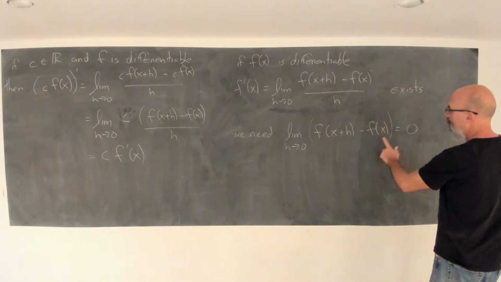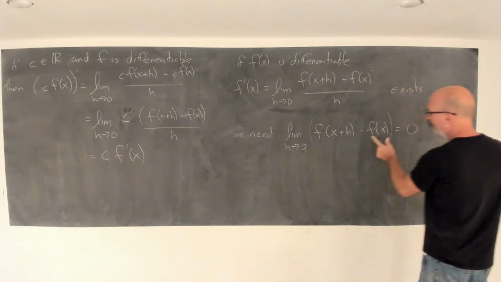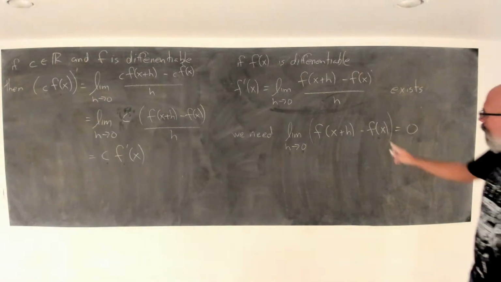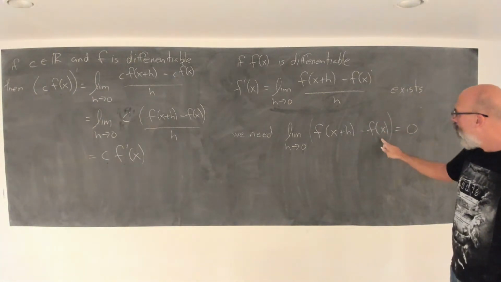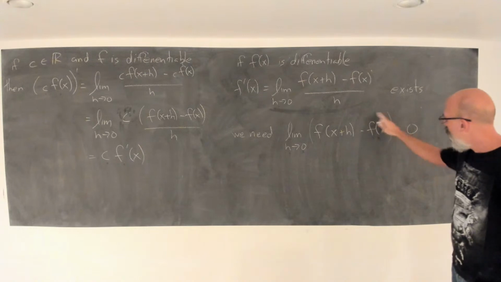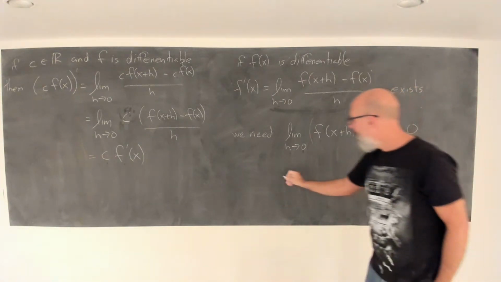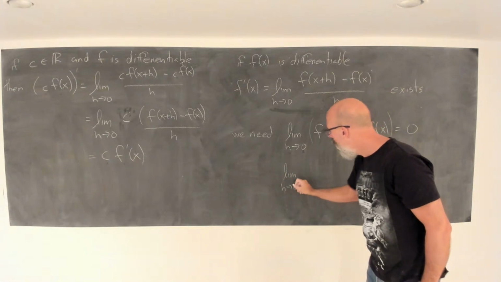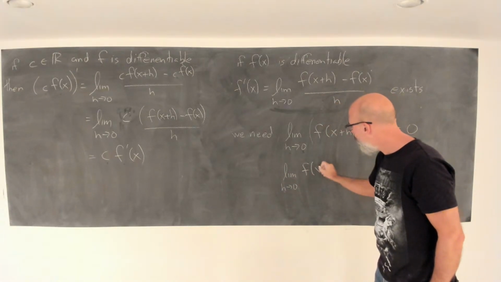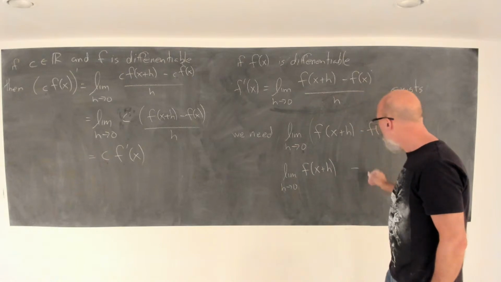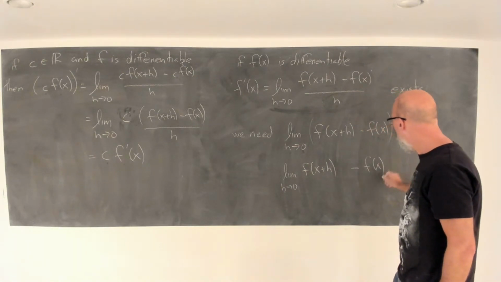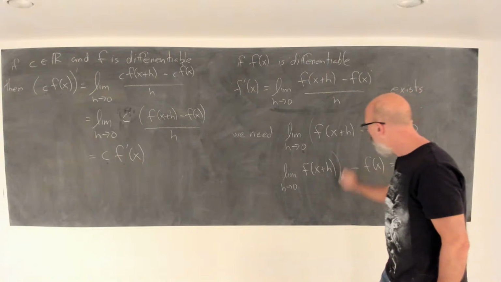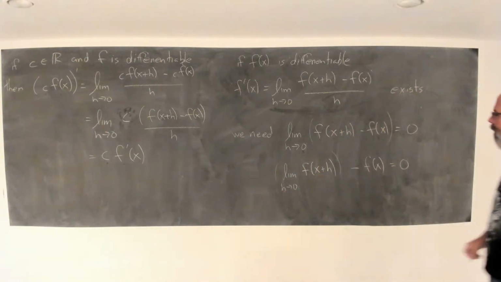But this limit does not depend on h. This limit is constant. So this is going to be f of x. So this is really the limit as h goes to 0 of this part minus f of x equal to 0.